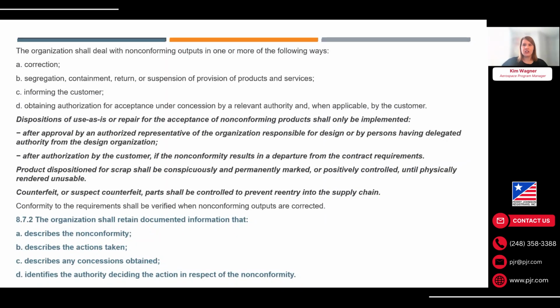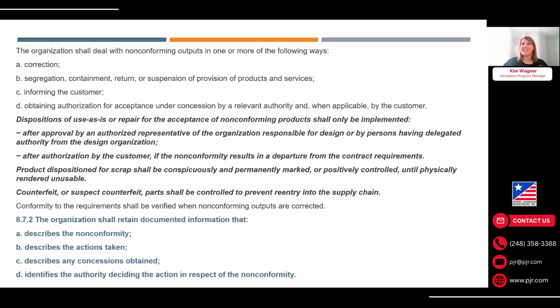Now, before we move on, I just wanted to also talk about this requirement here for product disposition for scrap, because there's, I think, a valuable clarification I also wanted to share about this. So as it says here, if we have a nonconforming product that's dispositioned for scrap, it must be conspicuously and permanently marked or positively controlled until physically rendered unusable. So conspicuously and permanently marked is really important.